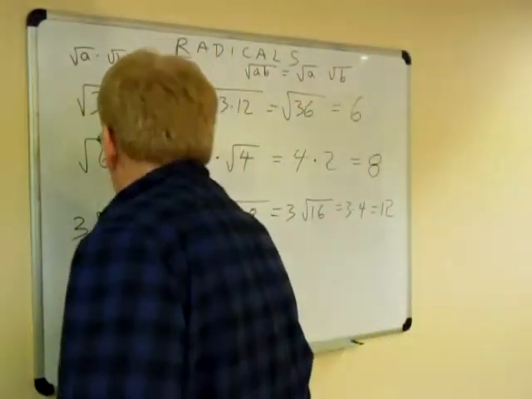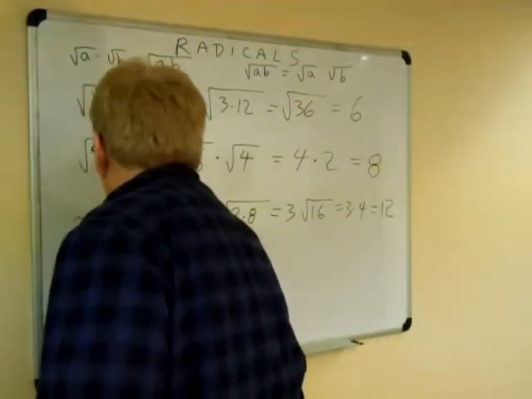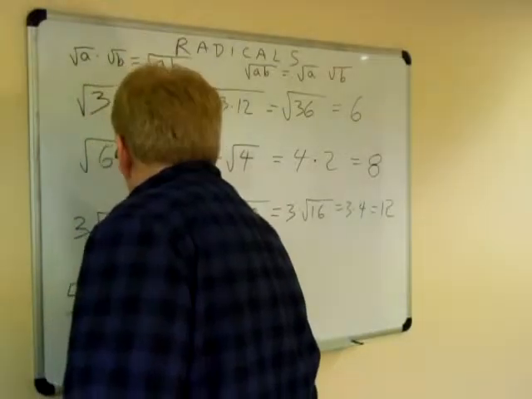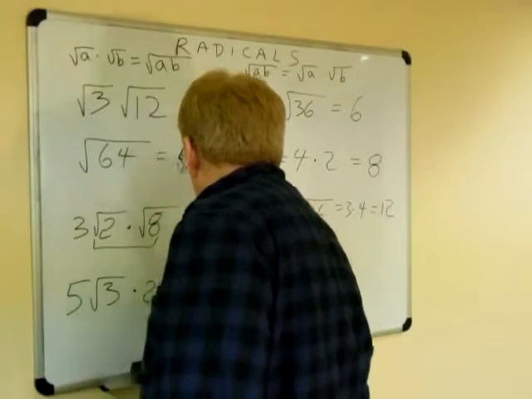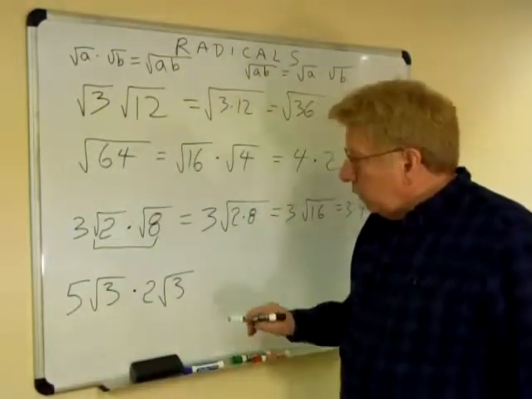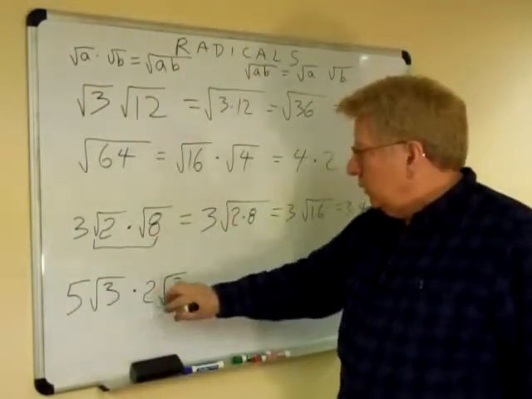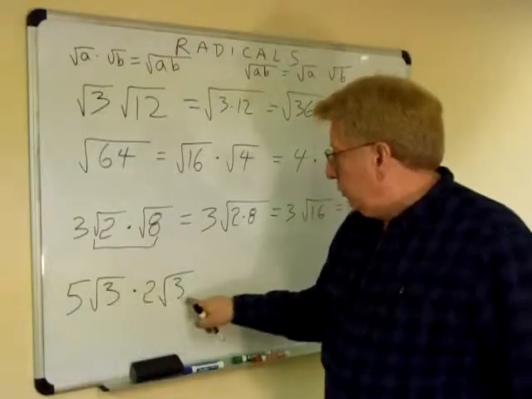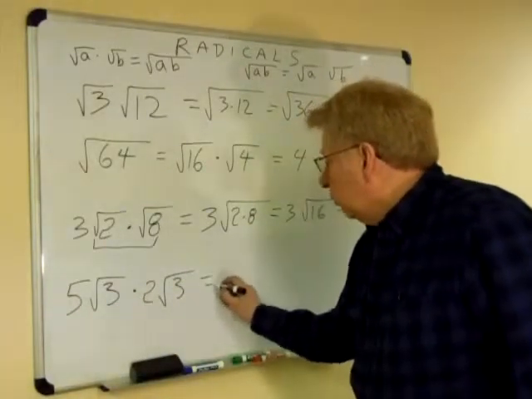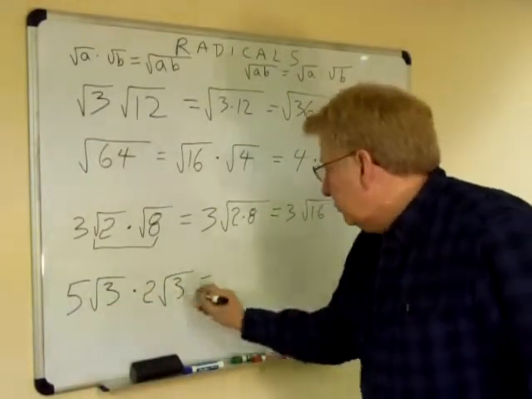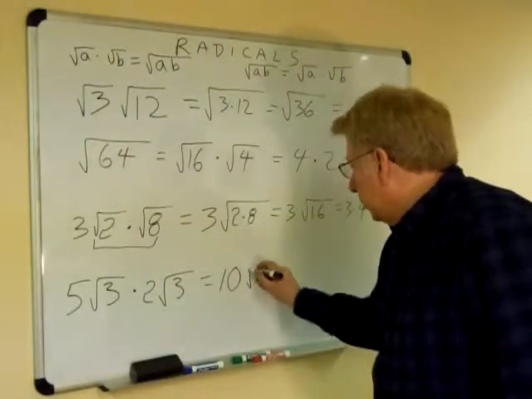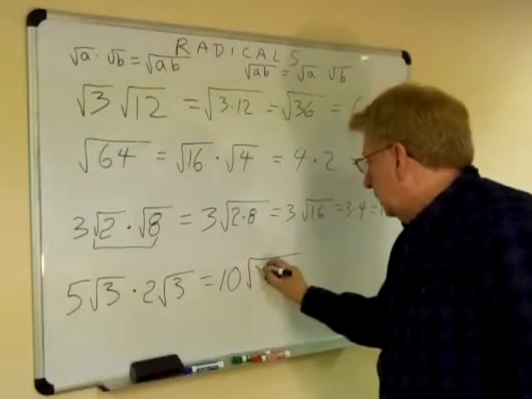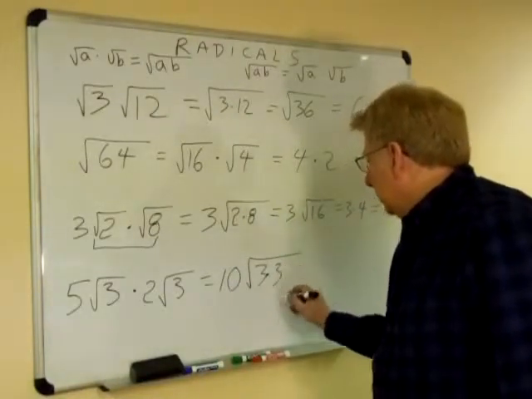One more example. We have 5 times the square root of 3 times 2 times the square root of 3. Again, we can combine numbers under square root signs. 5 times 2 is 10, and we put the square root of 3 times the square root of 3 under the same sign, 3 times 3.